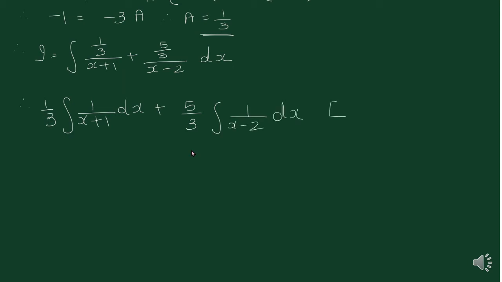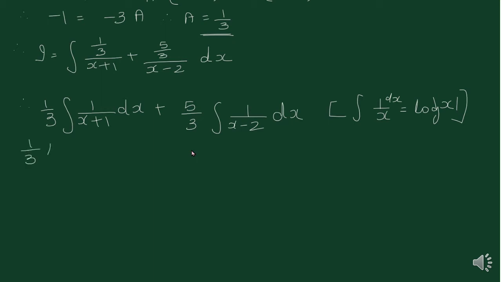Now remember this formula, that is the integral of 1 upon x dx is going to be log x. So this we are going to apply in many of our sums. And therefore over here the integral of 1 upon (x + 1) becomes log (x + 1).